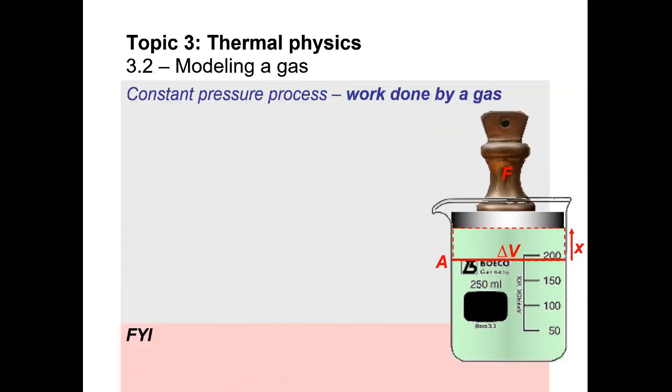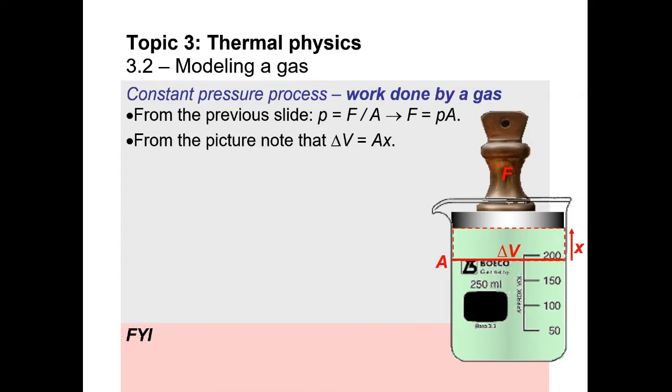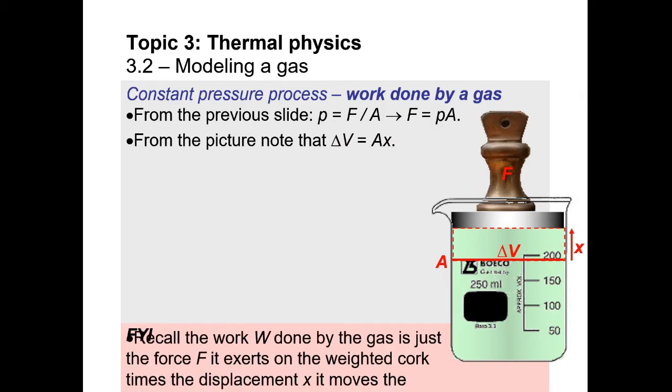From the previous slide, pressure equals force over area, and force equals pressure times area. Based on our picture, the change in volume equals the cross-sectional area of the cork times the displacement.